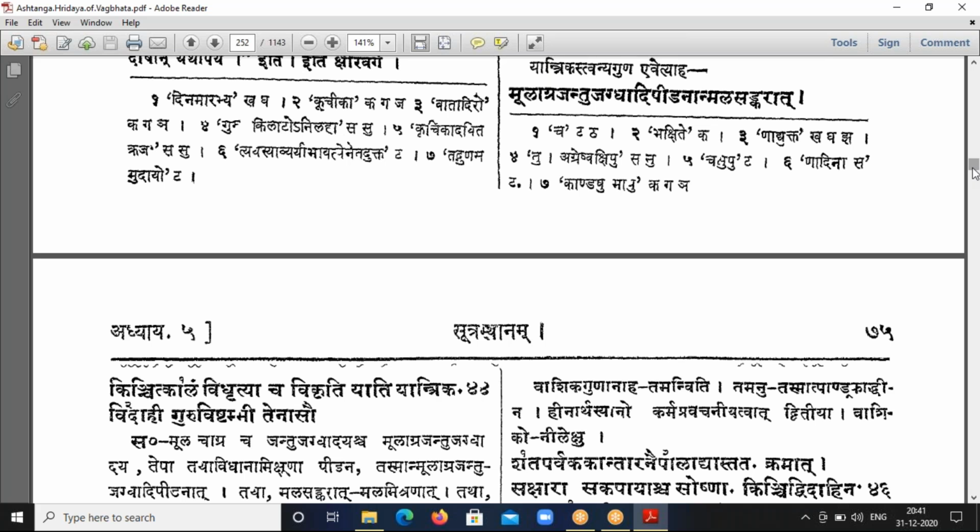Due to all these things, the stem will not be of the same type. It will have moolam, agram. It can have some damaged, rotten portions, and then malasangaram can happen, and kinjit kala vidhrutya, vidharanam also can happen.